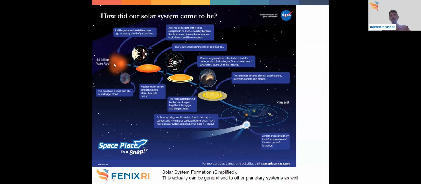From a cloud of gas that was eventually compressed under its own gravity, and in order to preserve angular momentum, which is a measure of the amount of rotation that you have in the cloud, you end up with a central blob and a disk spinning around it.